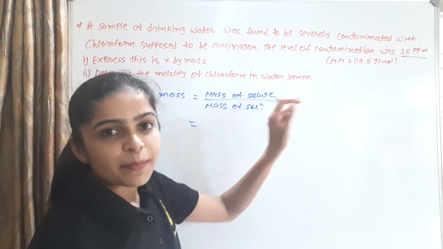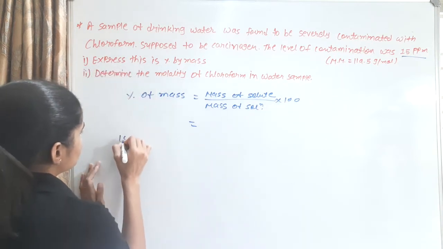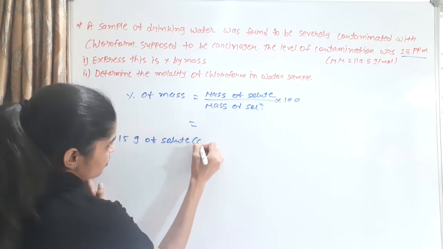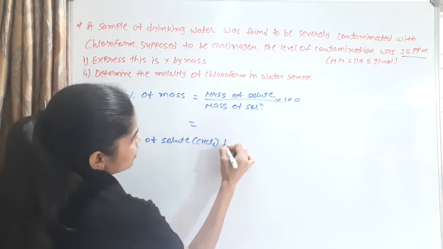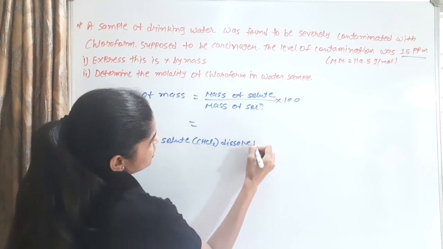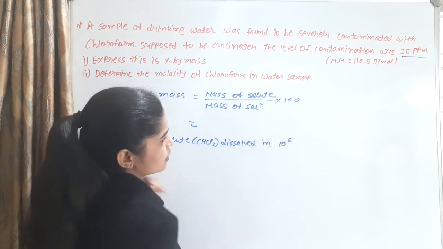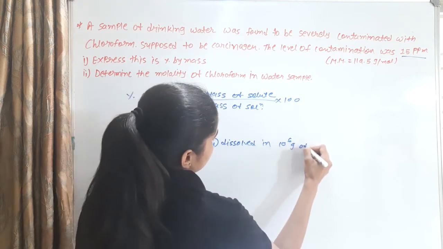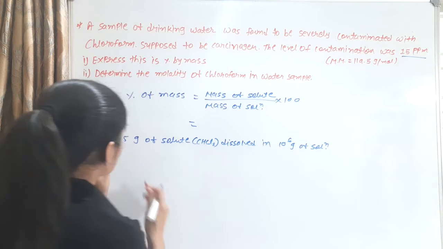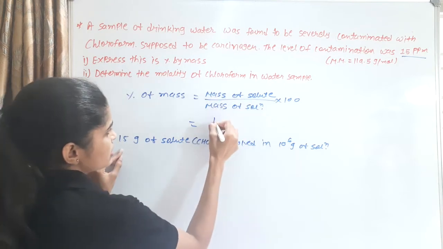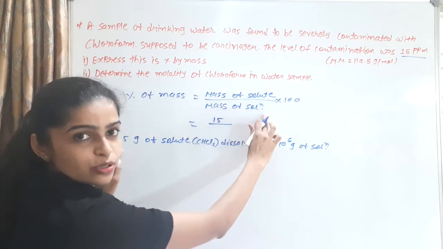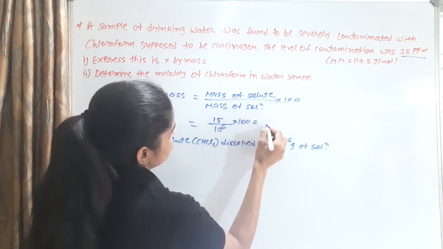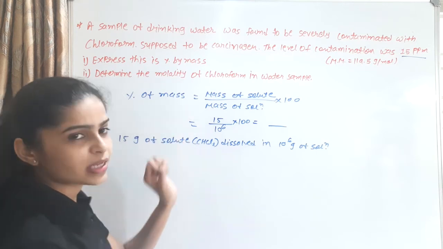So 15 ppm means 15 gram of solute or chloroform dissolved in million, means 10 raised to 6 gram of solution. So mass of solute is 15 divided by mass of solution, 10 raised to 6, multiply with 100. So this gives the percentage of mass.